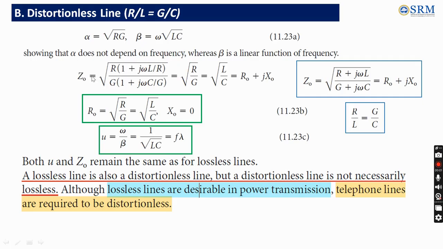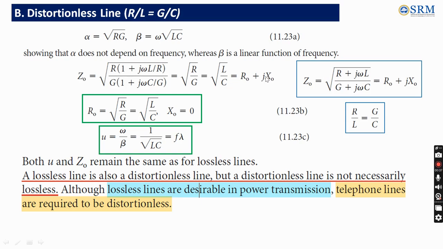Let us see about the characteristic impedance Z naught. Similarly, we take R and G as common from the numerator and denominator, and we can replace L by R by C by G. In that case, both the terms are the same and get cancelled. So we get root of R by G. Similarly, if we take L and C as common and simplify, we get root of L by C. So the impedance is going to be only the resistance part.